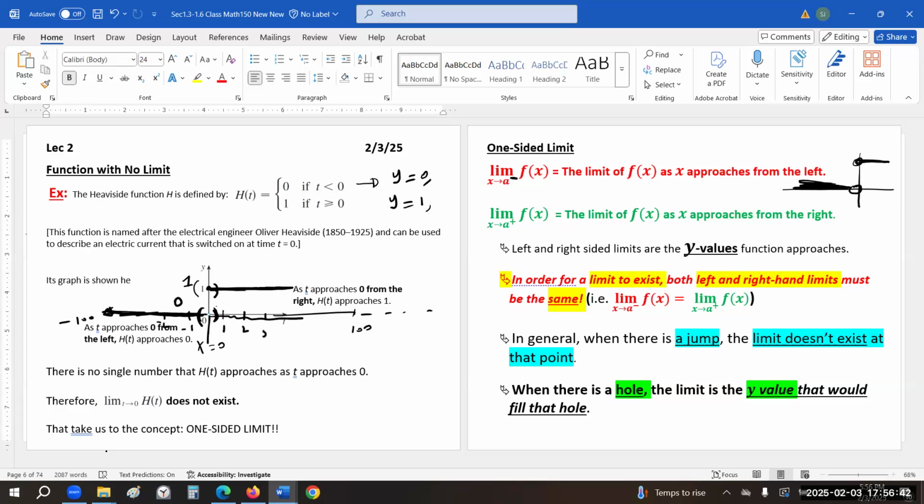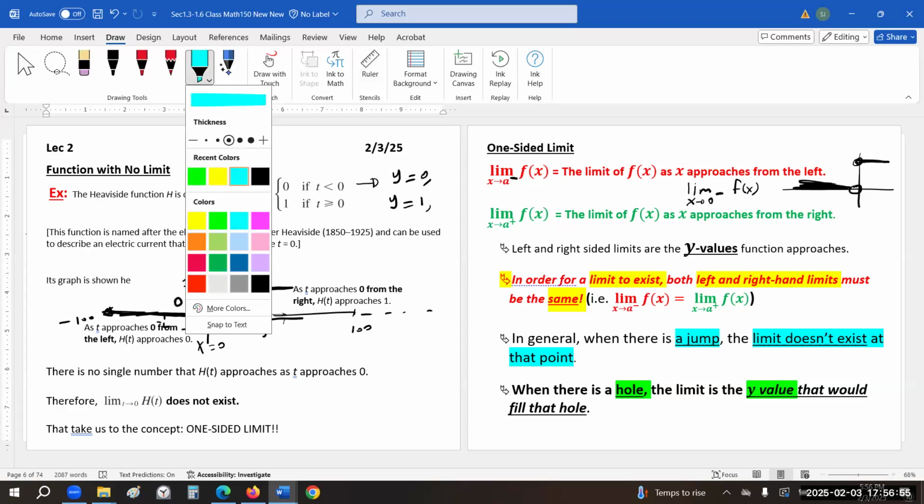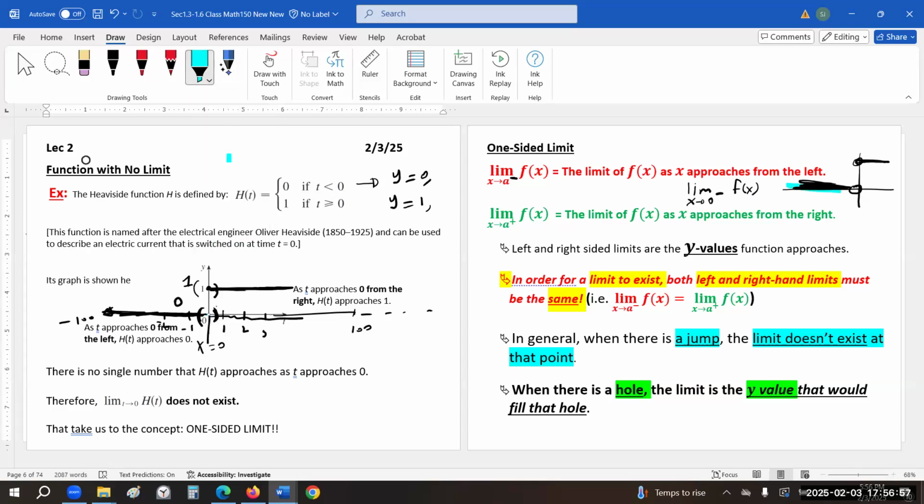Now here, if you look at limit x goes to 0 with a minus sign on the top of f of x, it means observe your function from the left side. This minus means left side of your limiting value. The number you have next to the x under limit is called the limiting value. So we are observing our limiting value from the left side.